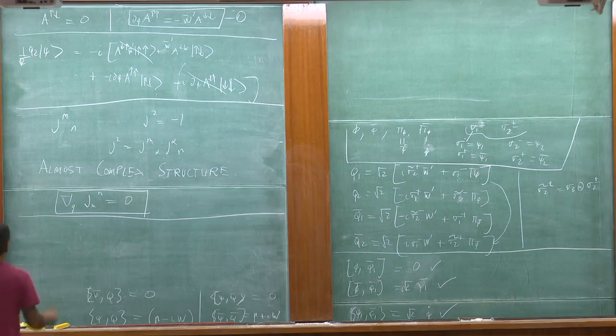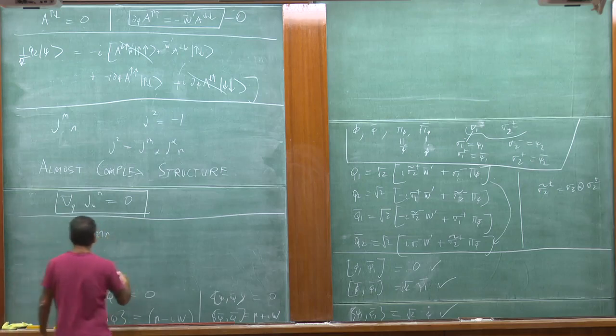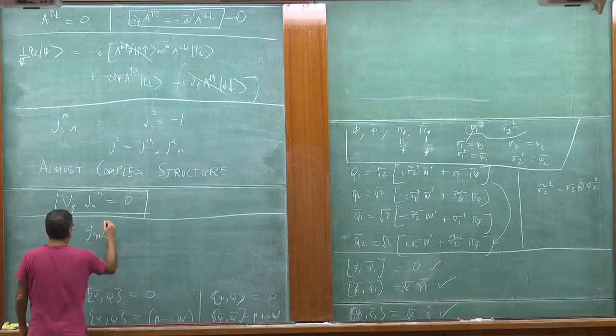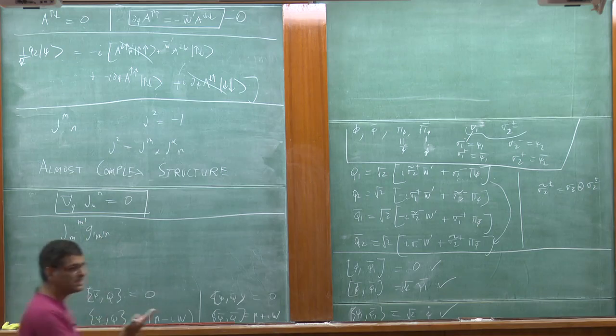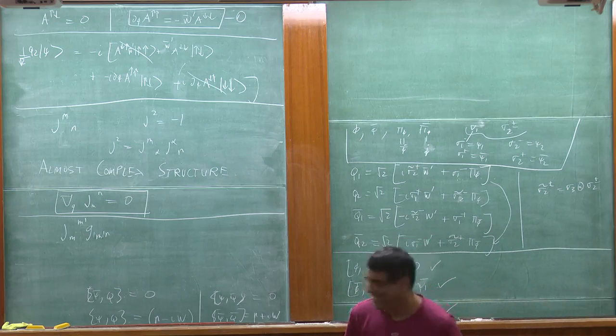And suppose I take the metric, which is Gmn in my space, and I act on it with a J. So I do J m prime m. Now because the metric is symmetric, but this guy is antisymmetric, this whole quantity is antisymmetric. So it's a 2-index antisymmetric object, which we sometimes call a form, right? It's a 2-form.